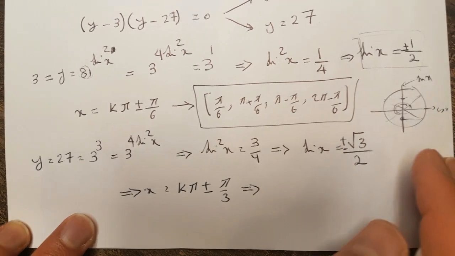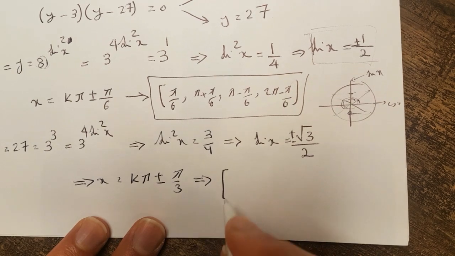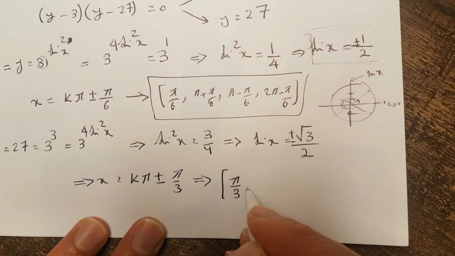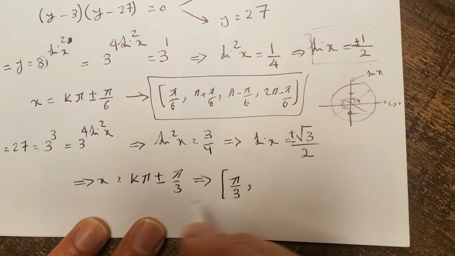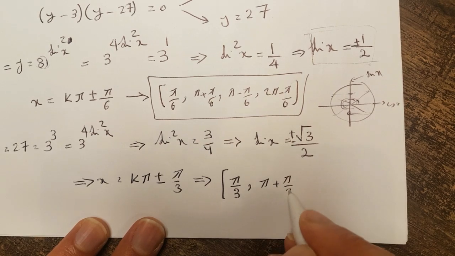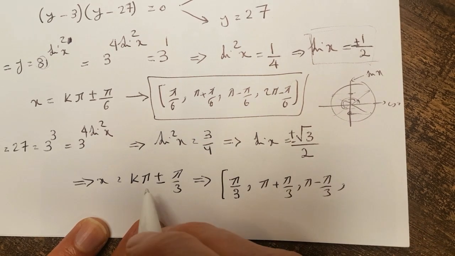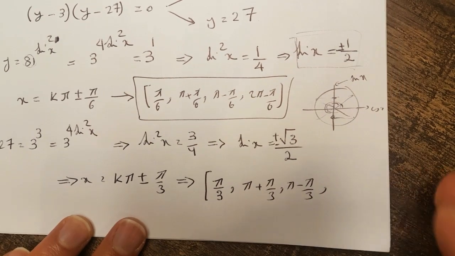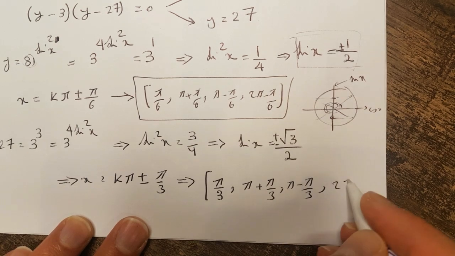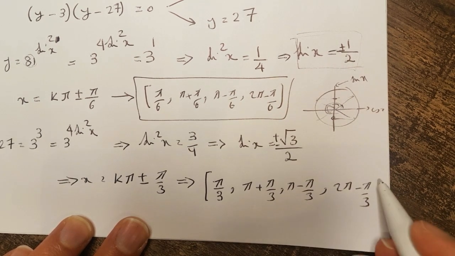So within 0 to 2 pi range we will have pi over 3 for k equal to 0, and if we put k as 1 we'll have pi plus pi over 3 and pi minus pi over 3, and if we put in k as 2, we will have 2 pi minus pi over 3 as a solution.